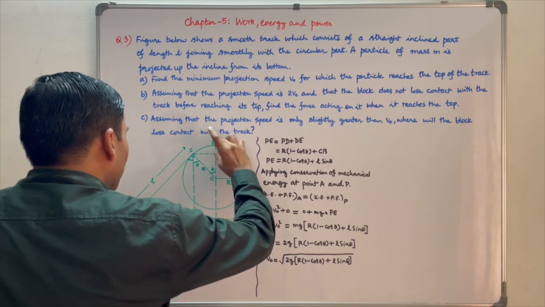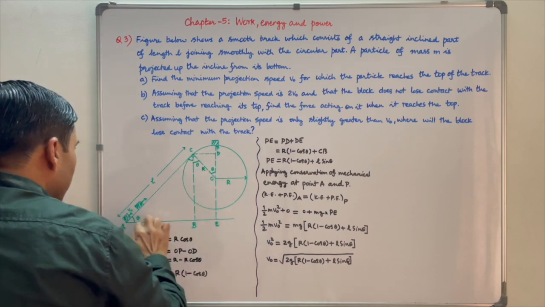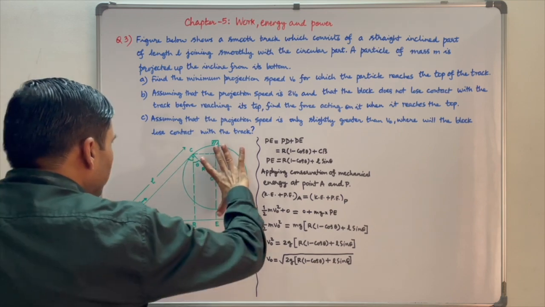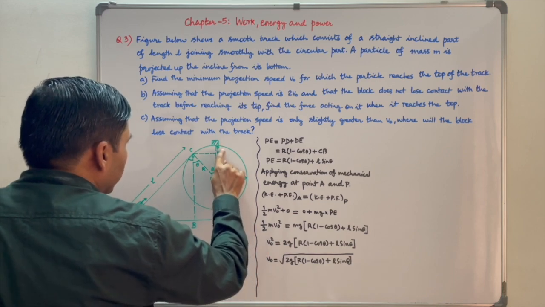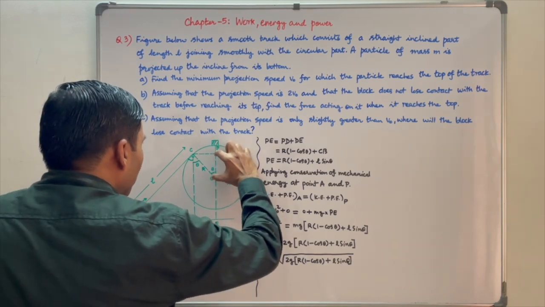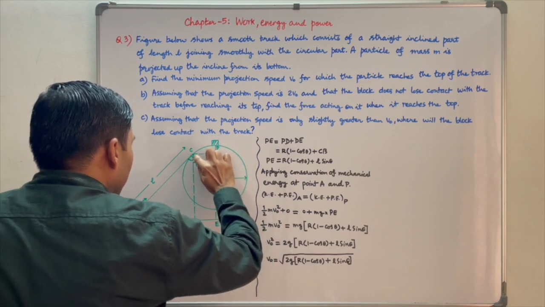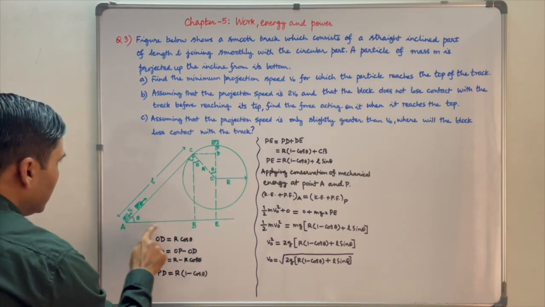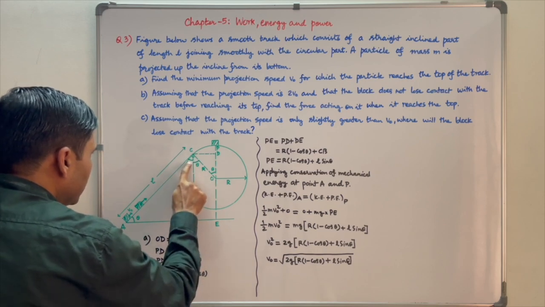PE is equal to PD plus DE and DE is equal to CB. From this right angle triangle, CB is equal to L sine theta. So PE is equal to PD plus L sine theta. We will calculate PD now. PD is equal to PO minus DO. PO is radius of the circle and DO we can figure out from this right angle triangle. First we will figure out angle COD. In this right angle triangle, angle ACB is equal to 90 minus theta.